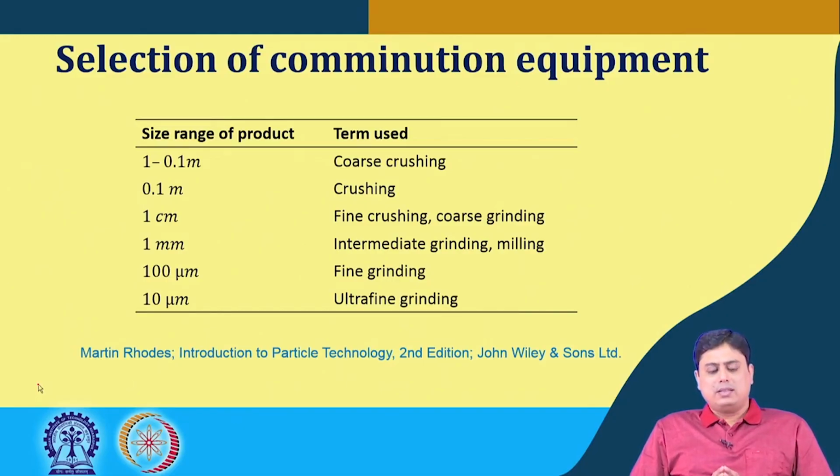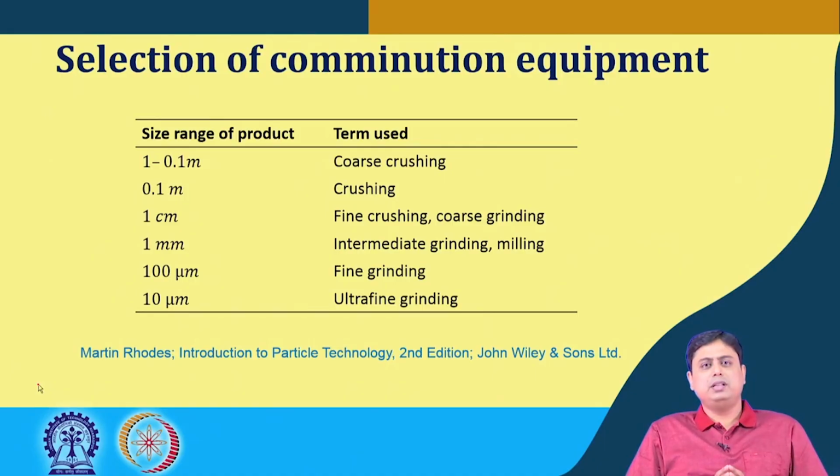Below this, from 1 centimeter to 1 millimeter, we say this is the intermediate grinding or the milling operation. So now I hope you are getting a clear idea why some equipments were called crushers, grinders and some equipments were called mills, like colloid mills, as we have discussed.